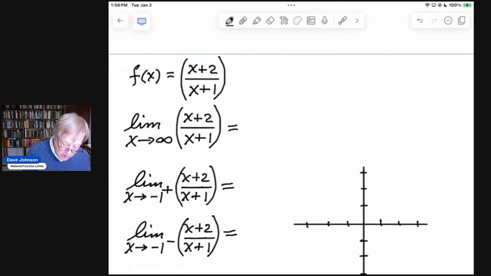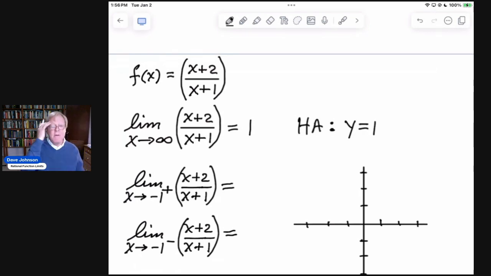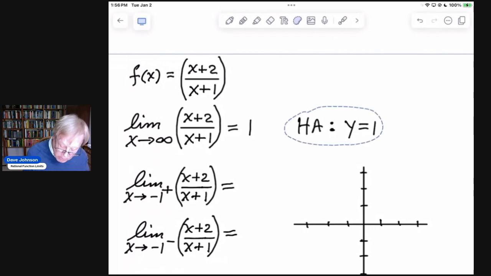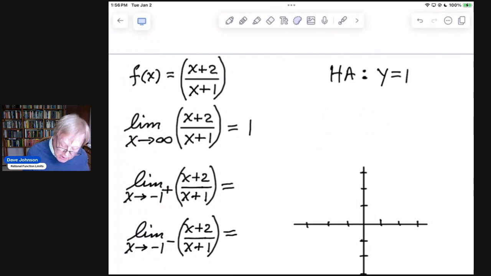And so the limit is going to be 1 because the horizontal asymptote is y equals 1. Now, that may not be very satisfying, and indeed, I wouldn't be happy with that. So let's just kind of put this up here, and let me erase this 1 and show you a different way to get the answer.